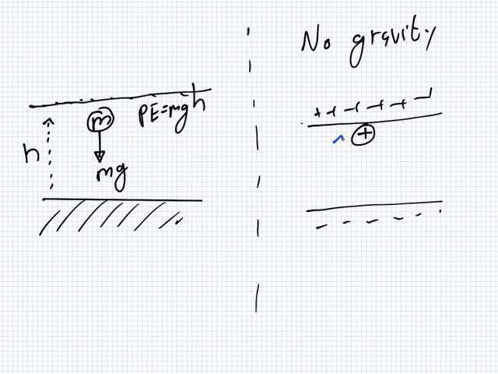We'll call this here h, and then down here is EQ. So you realize the picture is actually the same. There's a force causing this to go from the ceiling to the floor. So the potential energy formula would be the same.